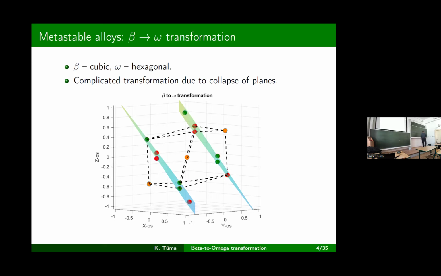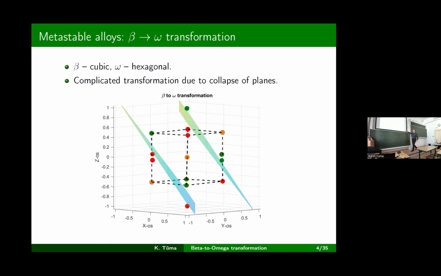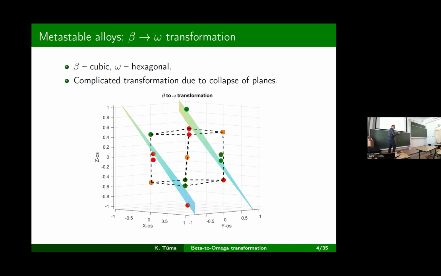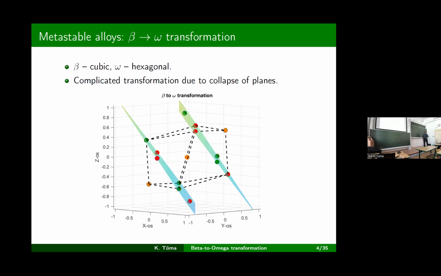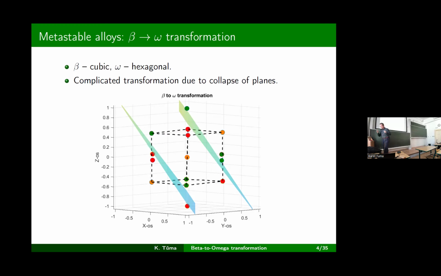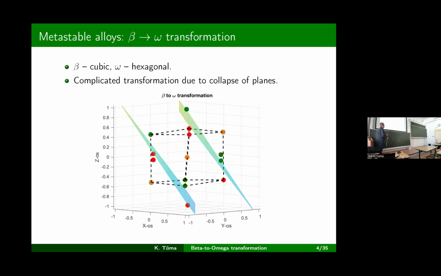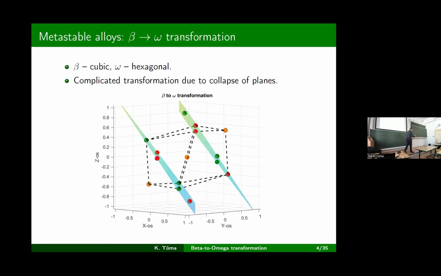In this case, there are four possibilities. You can elongate the cube in this diagonal, this diagonal, this diagonal, and this diagonal. So altogether, there are four possibilities how to transform beta. That is why there are four omega variants. On the other hand, the problem is that the real transformation of beta to the hexagonal structure does not enable two different variants of omega to touch together.